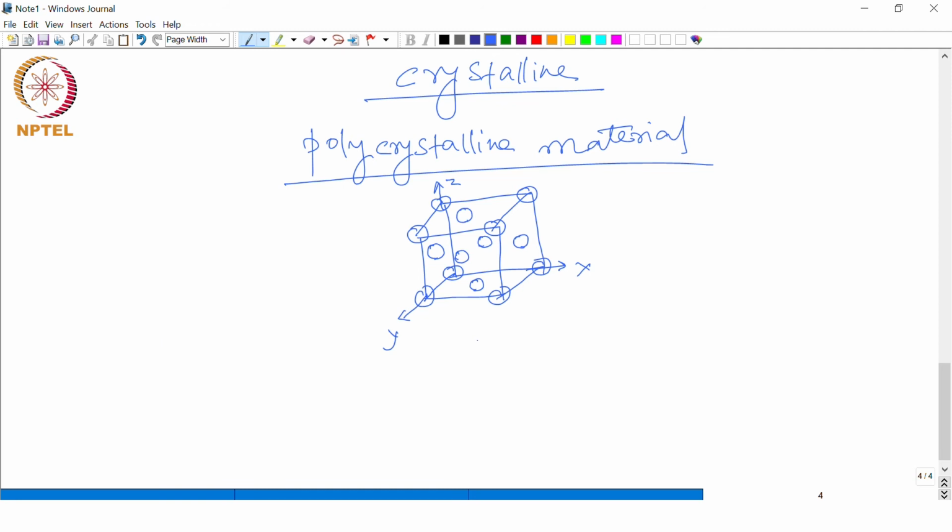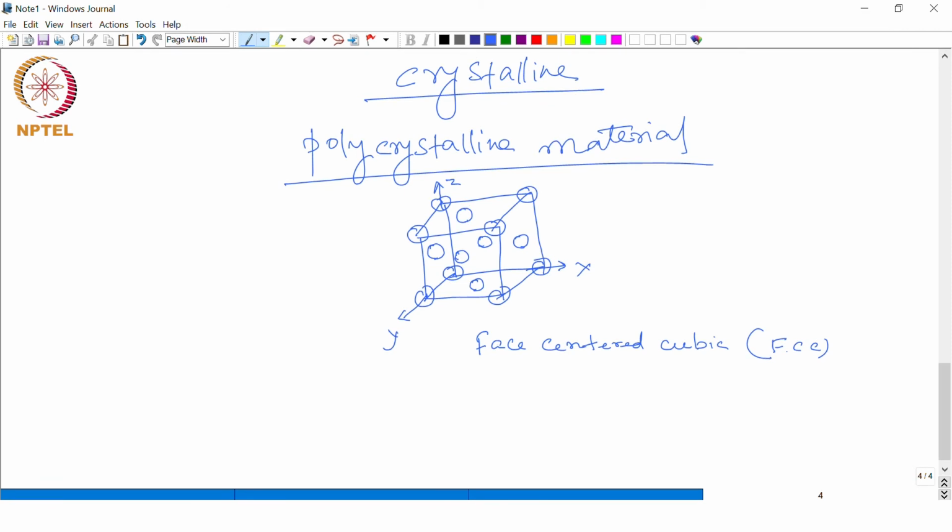And therefore, that kind of crystal structure will be known as face centered cubic, or FCC in short. Okay.